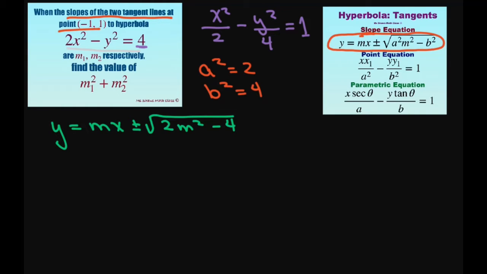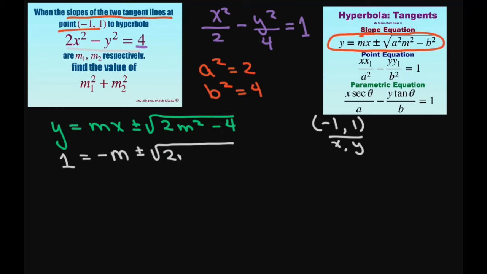Our tangent line passes through the point (-1, 1), so let's substitute that x and y in. That gives us 1 = -m ± √(2m² - 4).